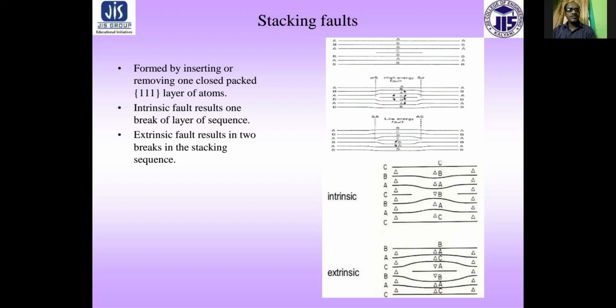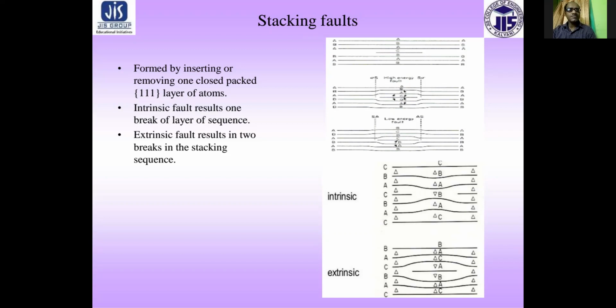AB stacking sequence indicates the second plane is stacked in a different manner to the first. Any one atom from the second plane occupies any one interstitial site of the first plane.